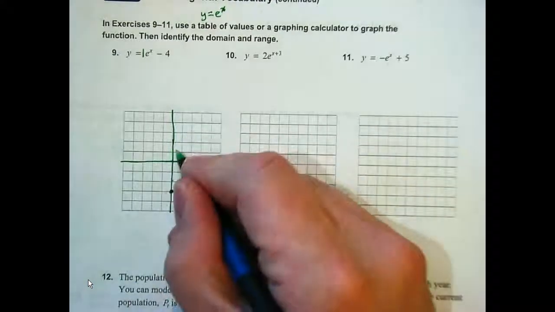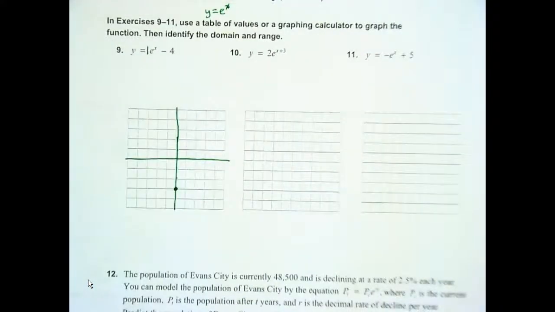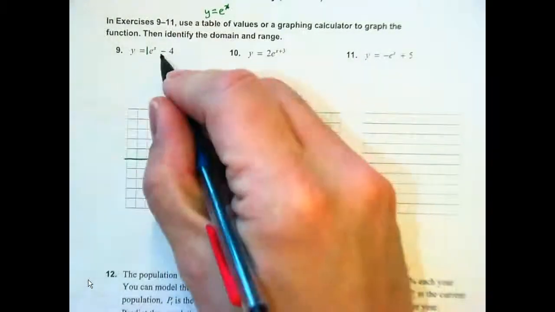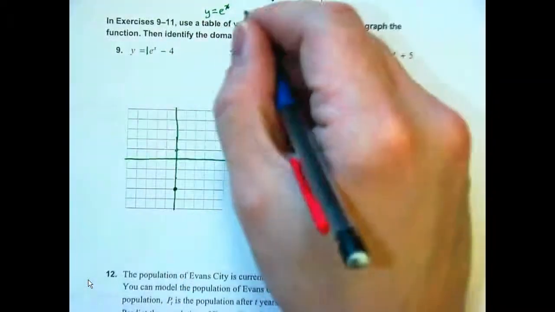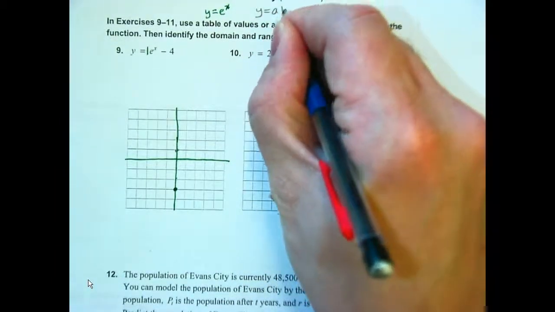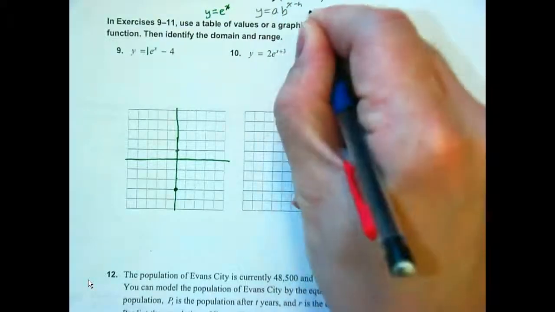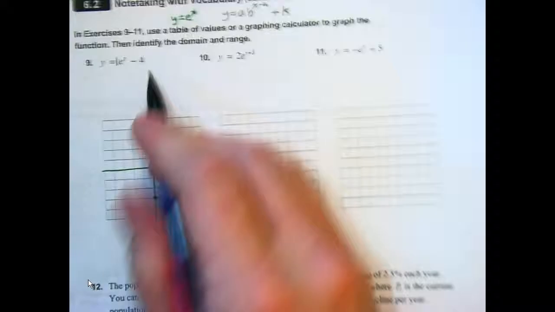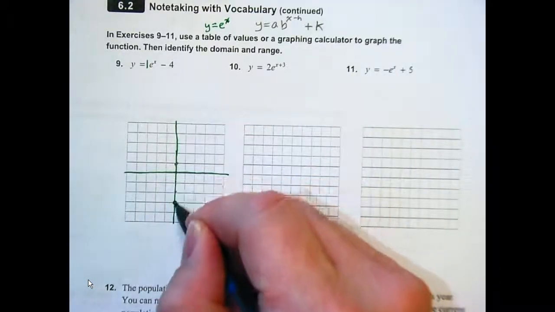If you think about your y-intercept that was at 1, when you have -4, that's like our k term. If we think of this as y equals a times b to the x minus h, all plus k, that 4 out there is our k term. It's shifting this point down 4 units.